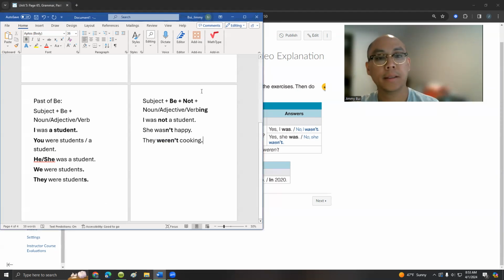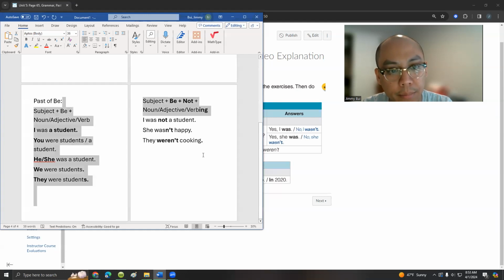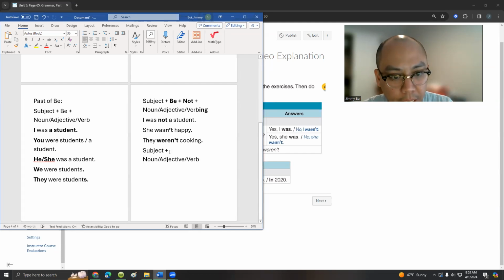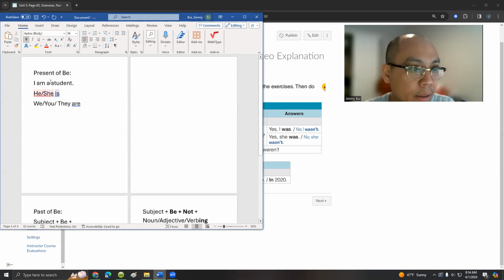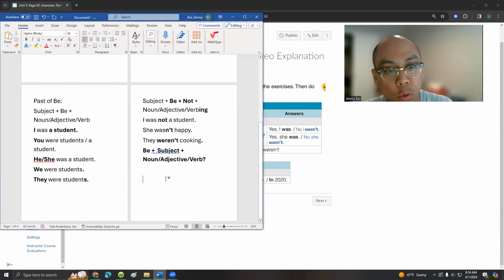All right. Now to make a question, we take be and move it over here. So we start the question with be. Are is present, right? So are is only for present tense. For past, were or was. Of course, were we can only use with they, we, you for subject pronouns.